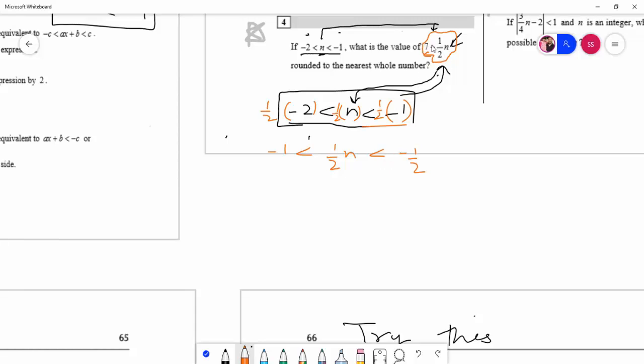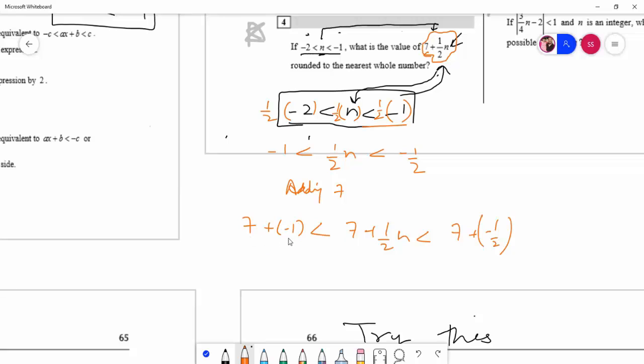Yes. And after this, you're having 7. You have to add 7 to everything. So adding 7 to everything, you'll write 7 plus -1 is less than 7 plus half of n is less than 7 plus -1/2.